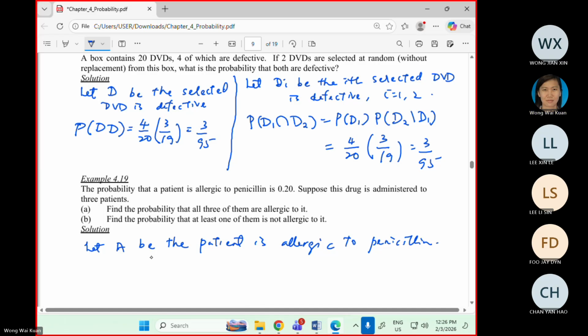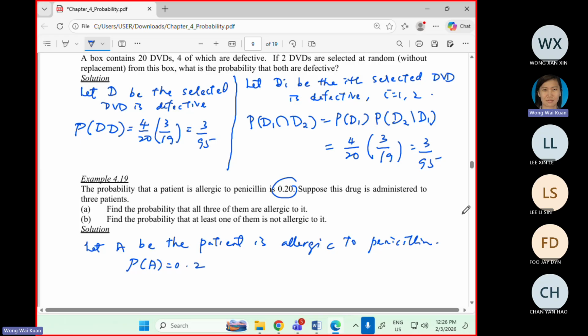okay? So now, what is 0.2? Allergic is what? Is A now. So you are supposed to say probability of A is 0.2. Okay?